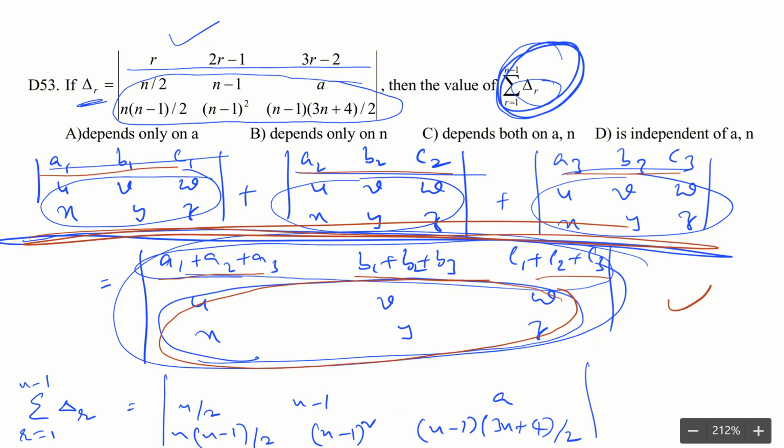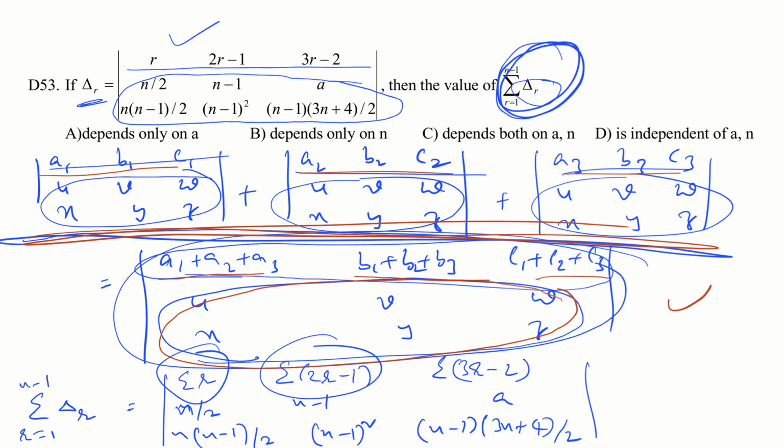So, all that you get is, in the first row, the elements have to be added up. So here you'll get sigma R, and here you'll get sigma 2R minus 1, and here you'll get sigma 3R minus 2. Okay, and now when I add that and add this, let me see what I am getting here.